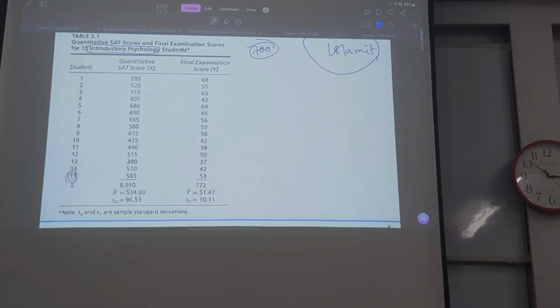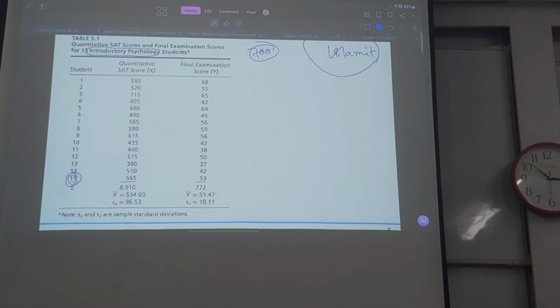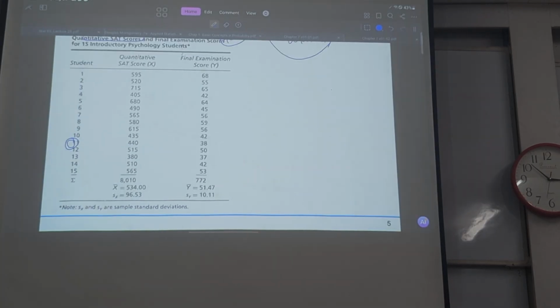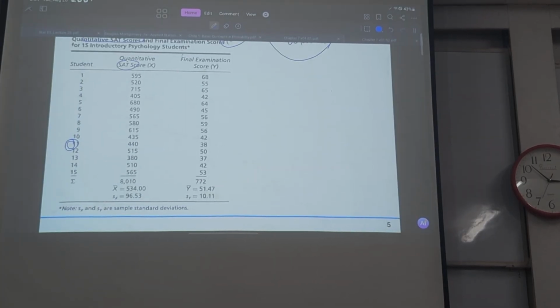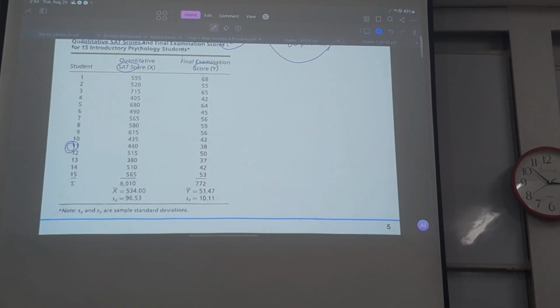Then a sample of these 50 students will be representative of the 700 students, and two scores are here. One is the SAT score of these students, and the other is the final exam score.